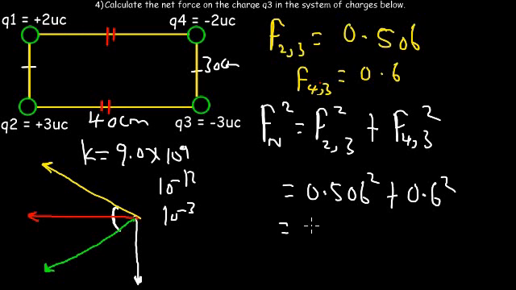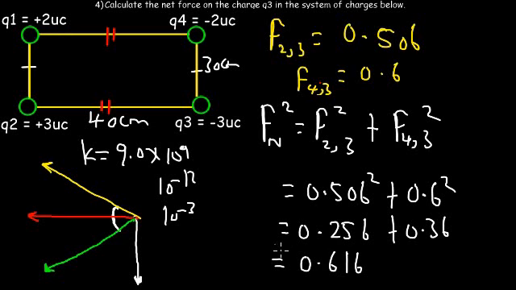Let's type that into our calculator. 0.506 squared is 0.256, plus 0.6 squared, which is 0.36. Finally, we add them up: 0.36 plus 0.256 gives 0.616. Good, so F sub n squared is 0.616.